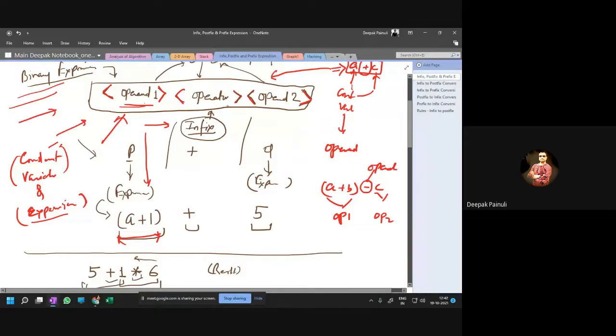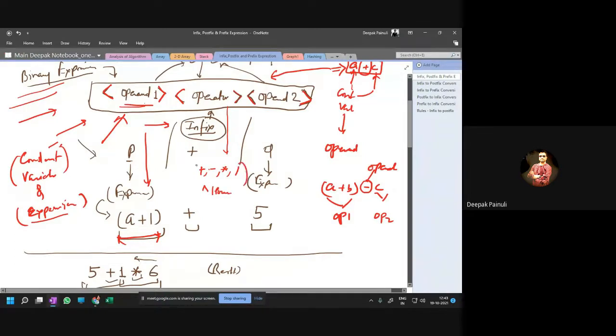In computer science, the operators we will have are plus, minus, multiplication, division, and exponent, or raise to the power.